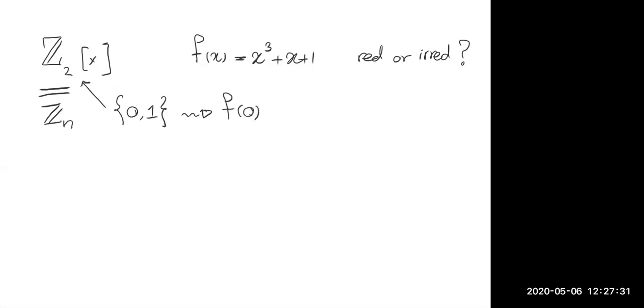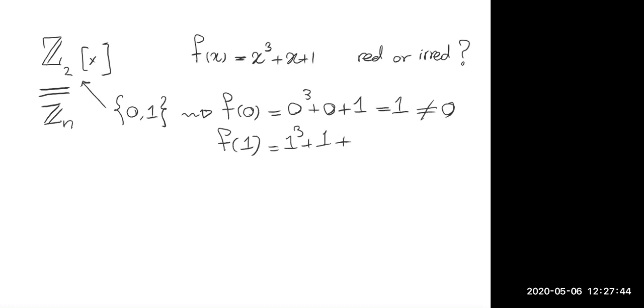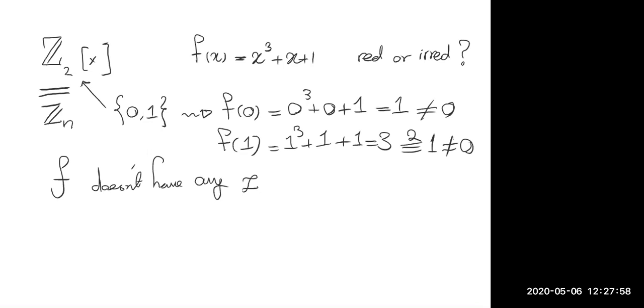So f of 0 is going to be 0 cubed plus 0 plus 1, which is 1, and 1 is not 0. f of 1 is going to be 1 cubed plus 1 plus 1, which is 3. Mod 2 is 1, and 1 is not 0. So f doesn't have any 0.